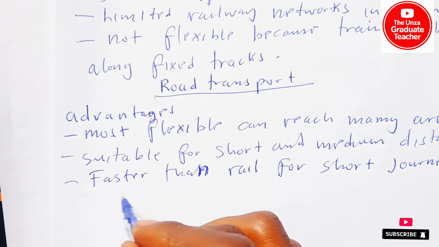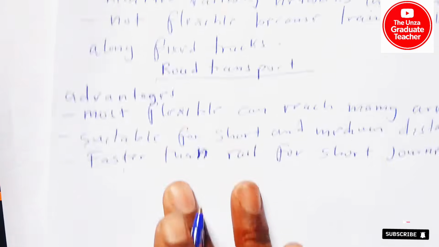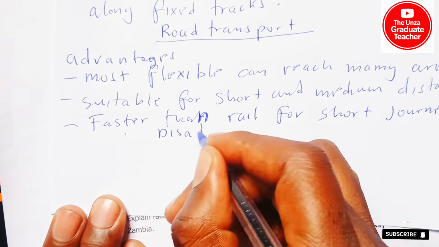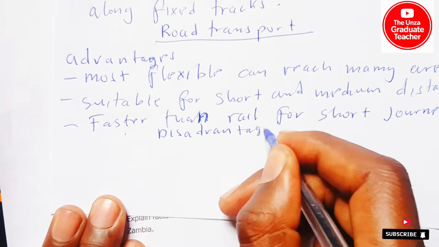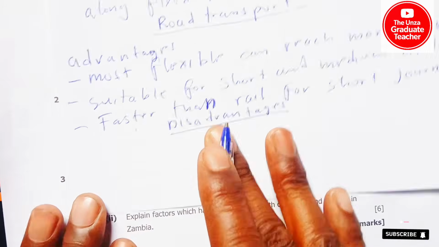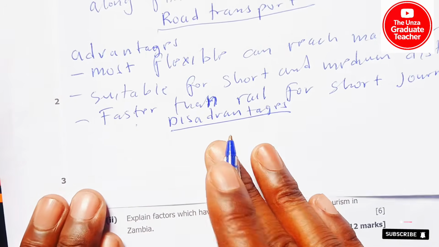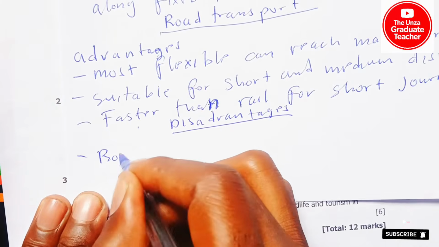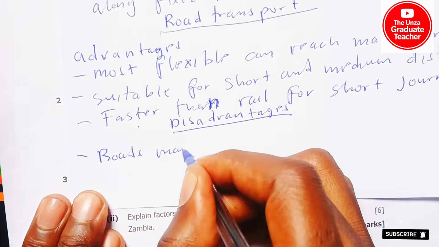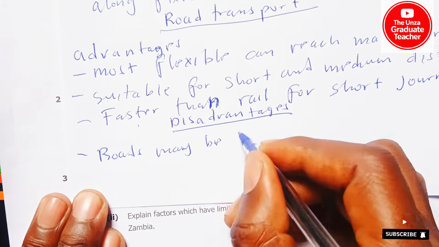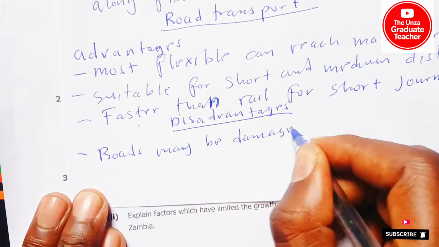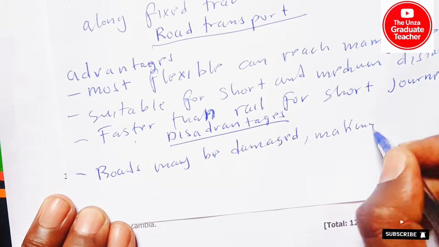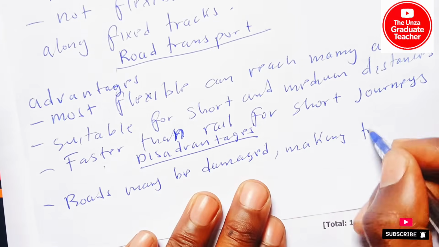So we are looking at the disadvantages of this one. Now the disadvantages, you say loads may be damaged, making, put a comma, say making travel difficult.